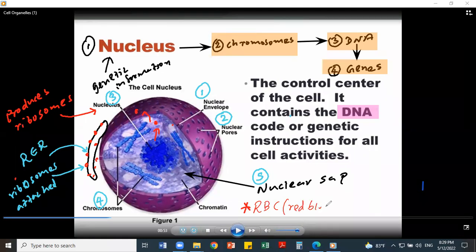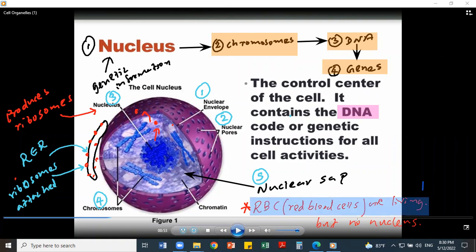Please write it. Very rarely you get living cells without a nucleus. This is one exception. Red blood cells live but no nucleus.